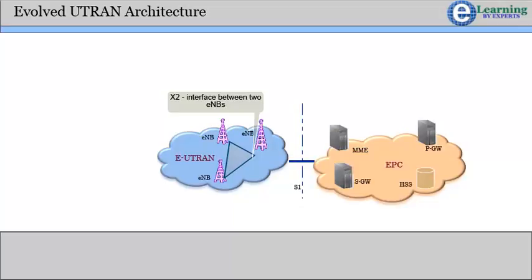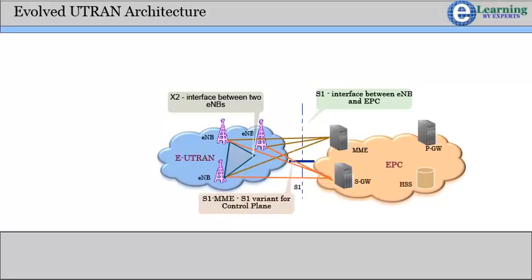Similarly, the reference for UE to eNode B communications is known as the LTE Uu, and UTRAN to EPC communications is designated as S1. The S1 interface is separated into control plane signaling and user plane traffic. The variant of S1 used for control plane signaling is referred to as S1-MME, and for the user plane as S1-U.